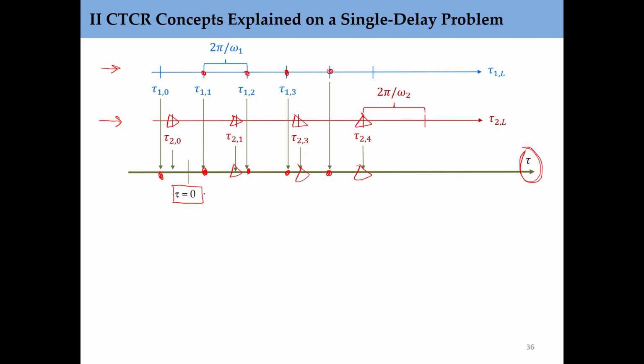So now, if you look from left to right, as delay is increased, the delay values associated with the blue will actually click, so to speak, on the delay axis more often than the delay values that arrive from the red crossing associated with omega-2, because their periodicity is much larger.